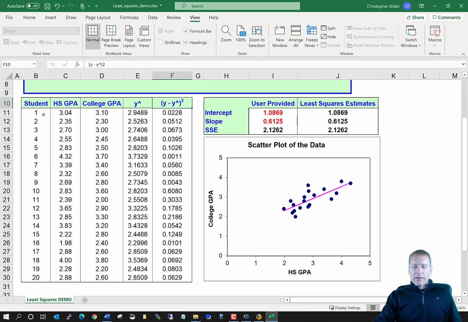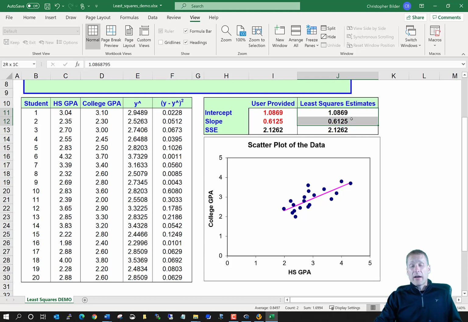Okay, so we have our data. We already saw that. The least squares estimates, meaning the beta hat 0 and the beta hat 1, are shown here in black. The sum of squared errors is 2.1262. This is the smallest possible value that can occur for any value for beta hat 0 and beta hat 1, not necessarily the least squares estimate.